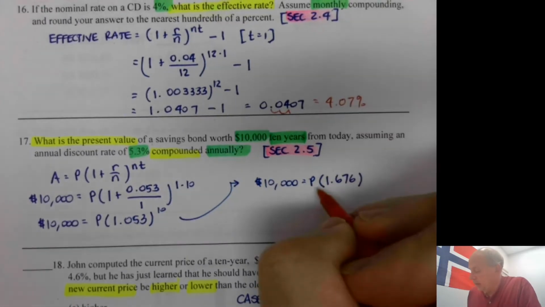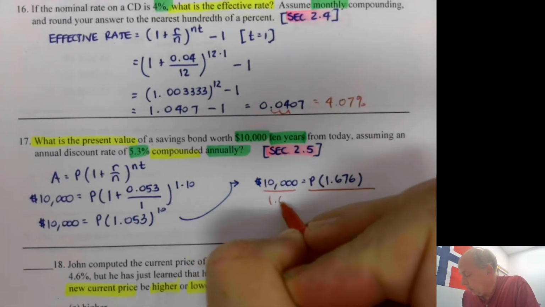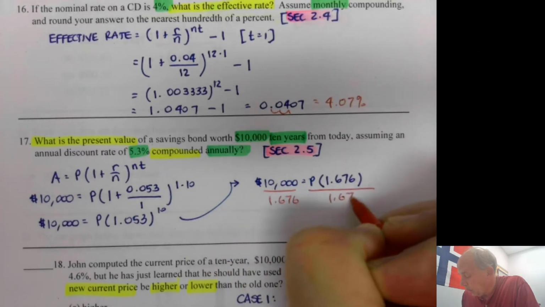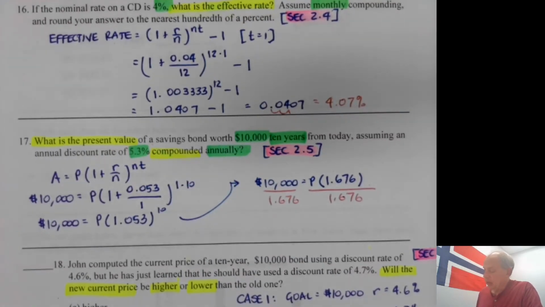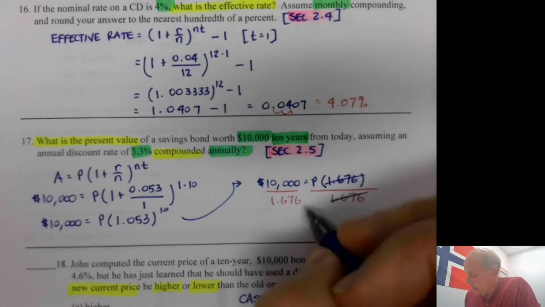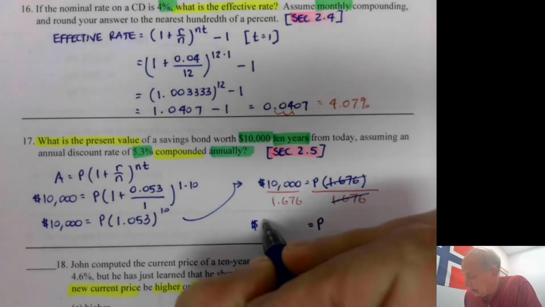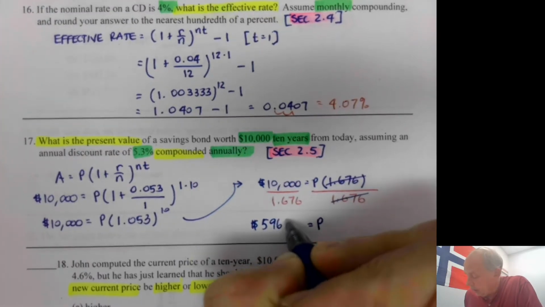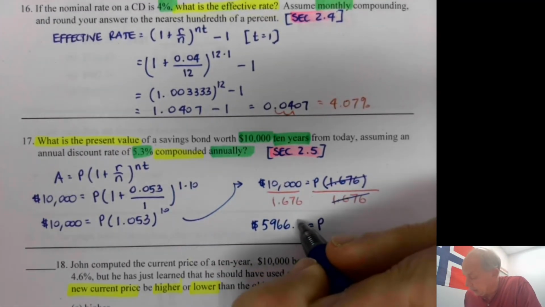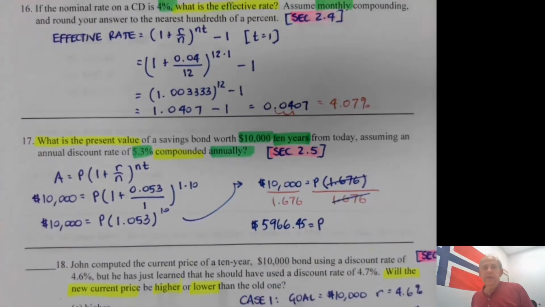I'm going to divide through by it and cancel, and my P, how much I need to buy this bond for today, is $5,966.45. So that one wasn't in multiple choice format either.